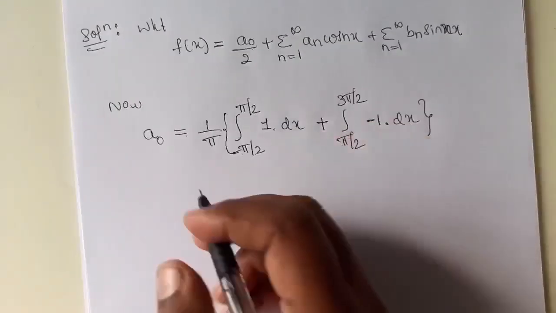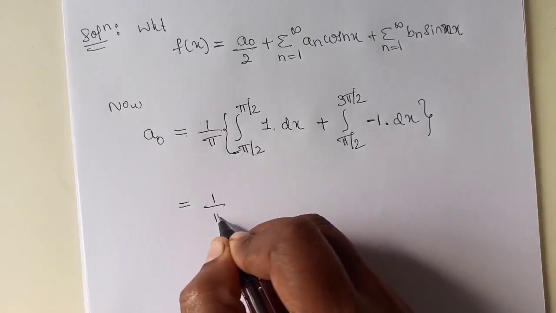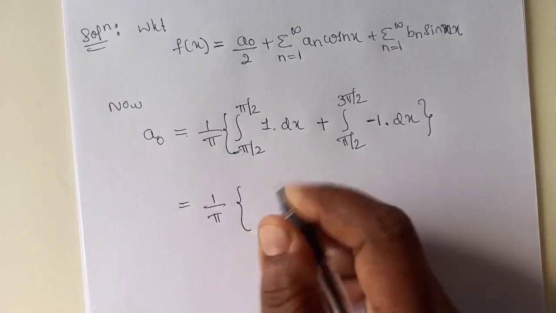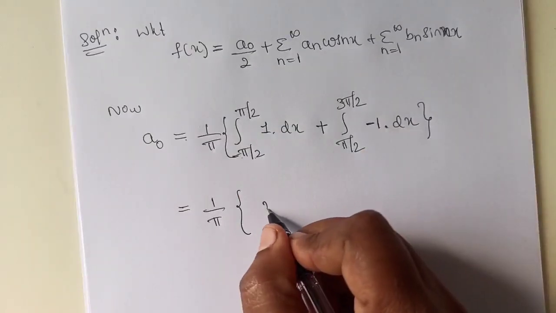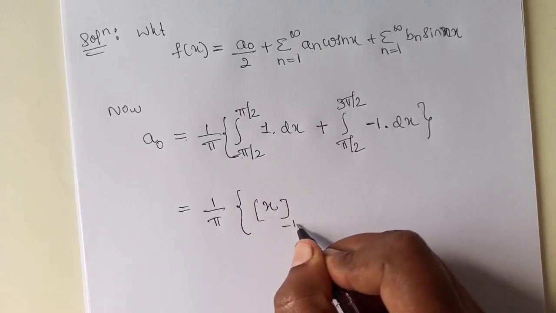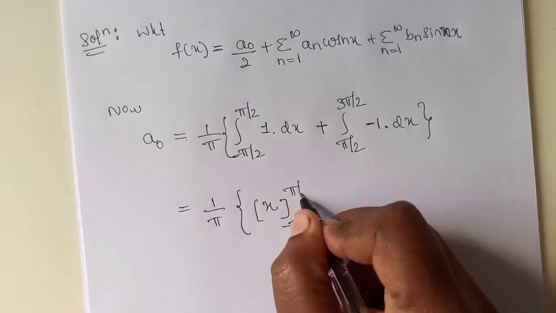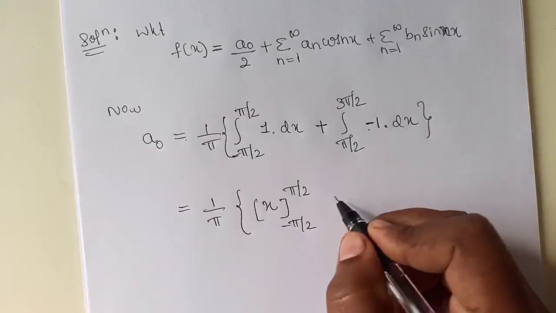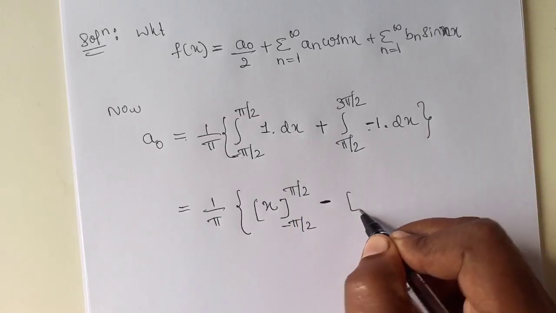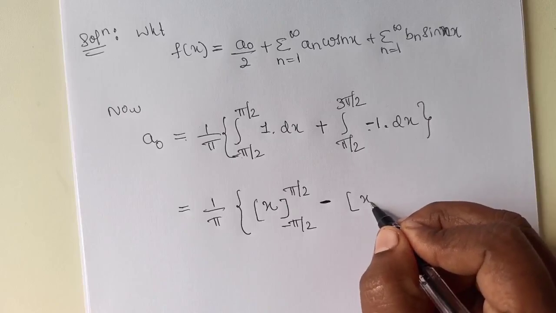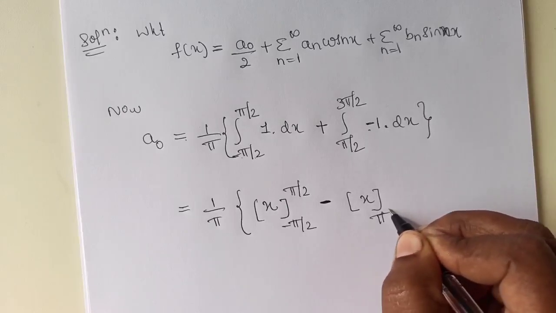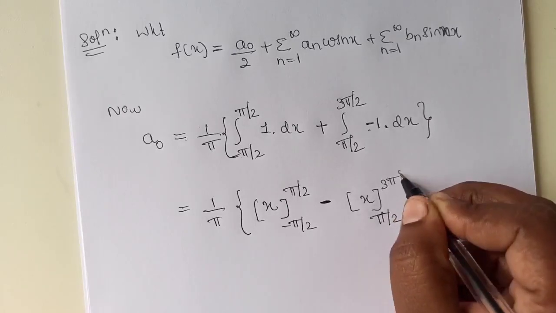Now on integrating this we get 1 by pi. Integration of 1 is x and the limits are minus pi by 2 to pi by 2. Here taking this minus outside, the integration is x from pi by 2 to 3 pi by 2.